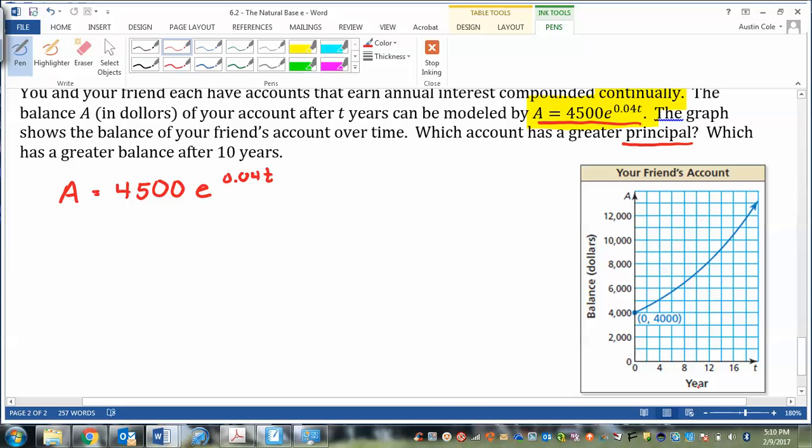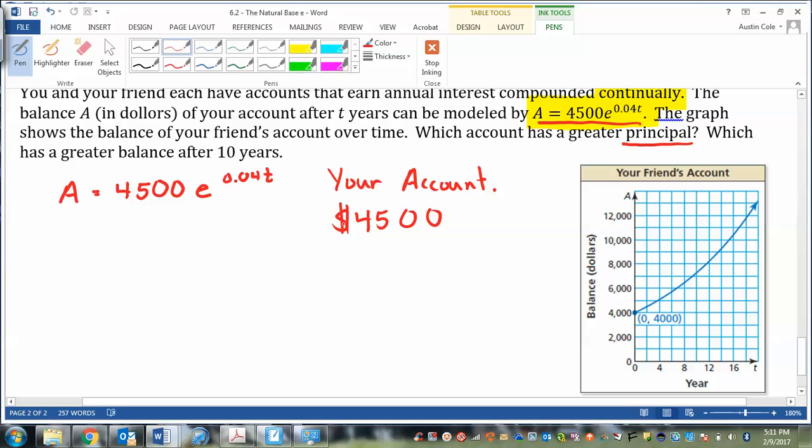We want to know, starting, he was at year 0, and at year 0, he was at 4,000. So which account has a greater principal, starting value? Your account does. Your account, and that starting value is 4,500.